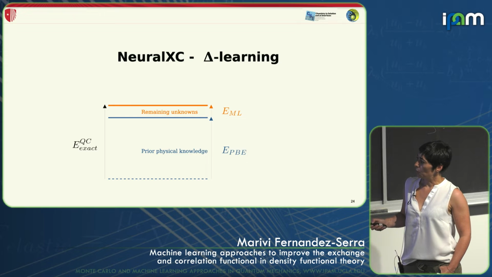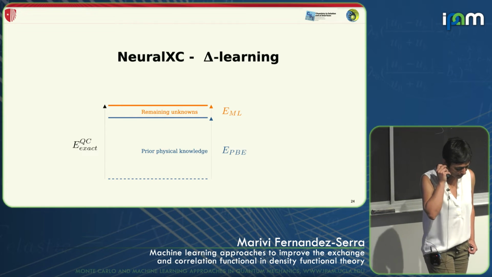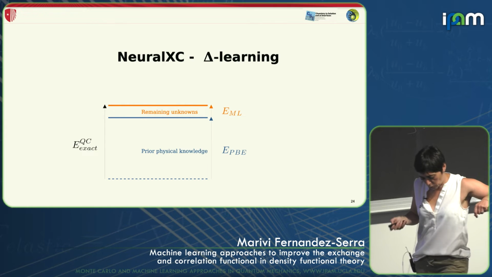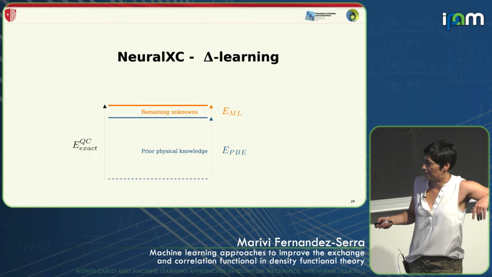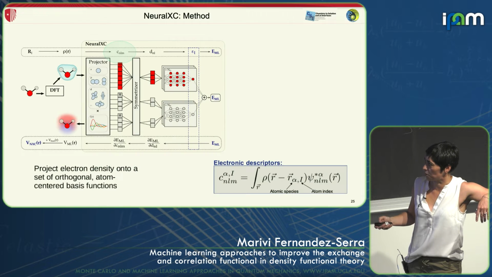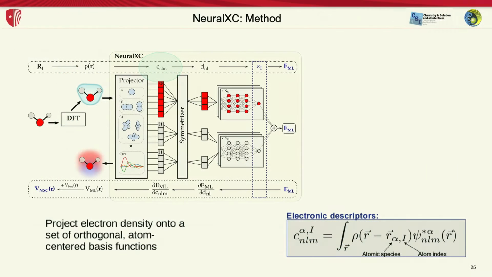So we still use delta learning, and you'll see, as before, that we end up with a functional which is sort of global: the neural XC functional is a sum of these two, and we'll have a potential which is a sum of these two. So let me start. We take our electronic density from a baseline DFT calculation and project it over atomic descriptors, which are centered on each atom.